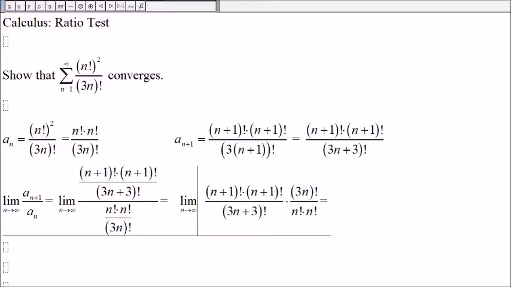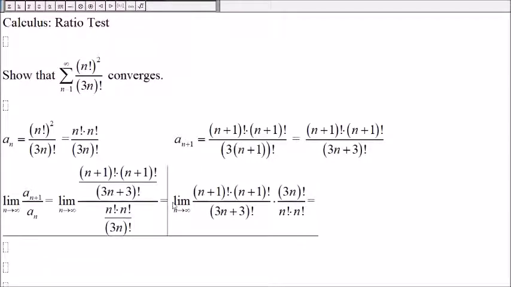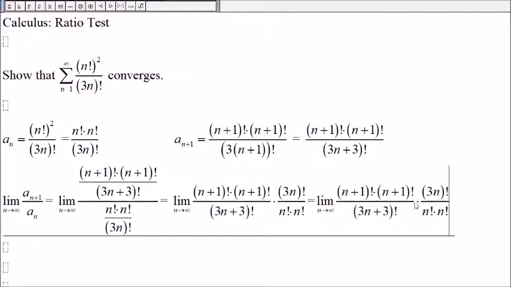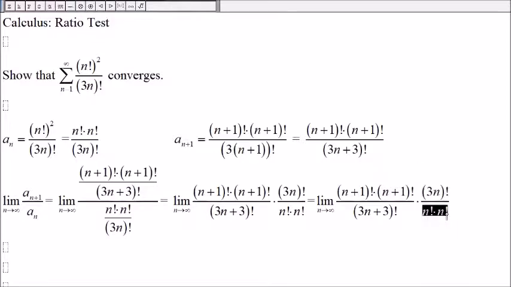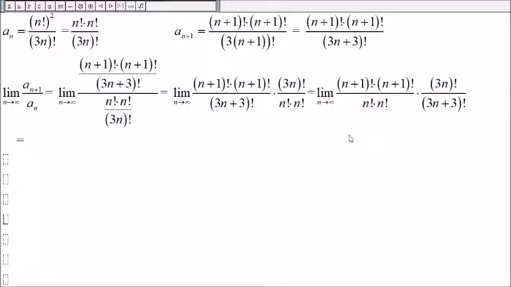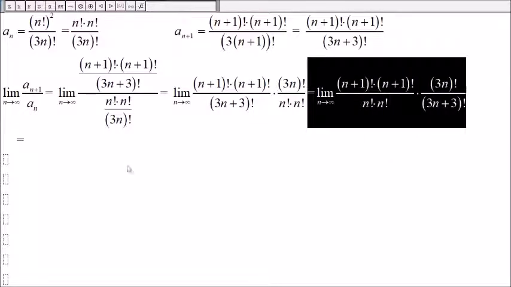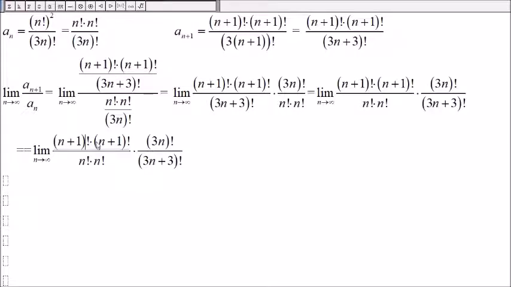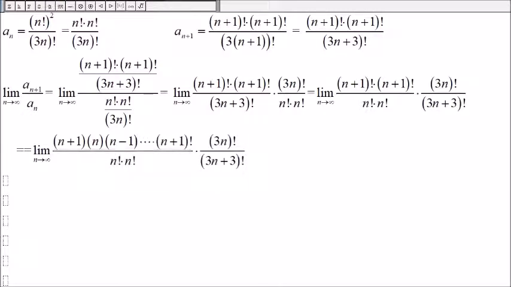And then we can rearrange the terms a little bit more. And notice that the n plus 1 factorial, that's the same as n plus 1 times n, and then times n minus 1, and then all the way down to 1.